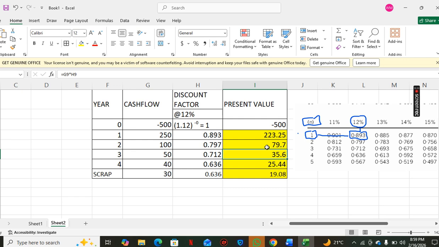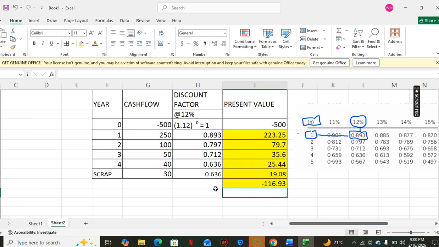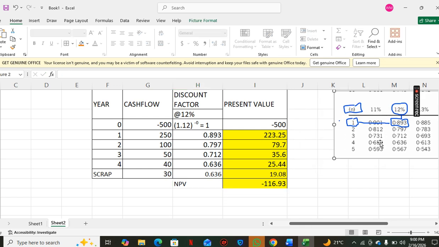So now we're going to get the net present value. You just add negative 500 plus 223.25 plus 79.7 plus 35.6 plus 25.44 plus 19.08, and you get negative 116.93.